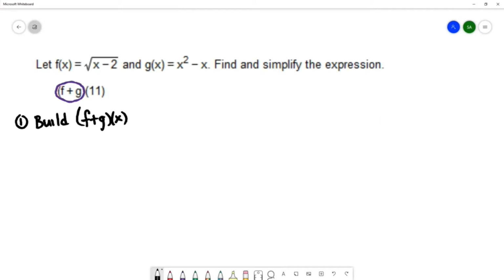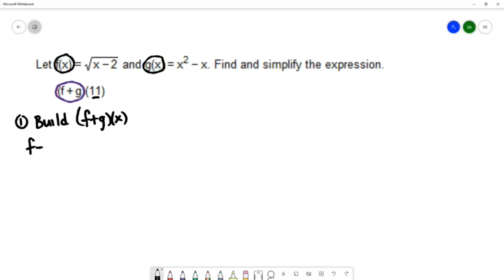And once we've built that function, then we'll be able to substitute the value of 11 into it. The way that you build this function is described in the name. The name is f plus g, and we're going to build that function by adding the function f to the function g.